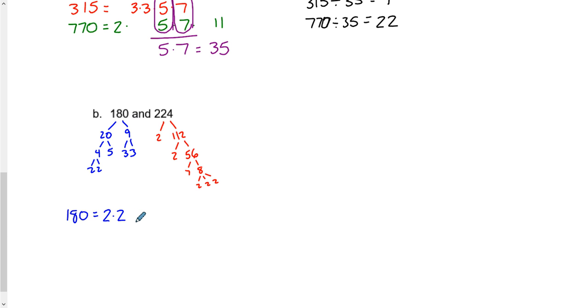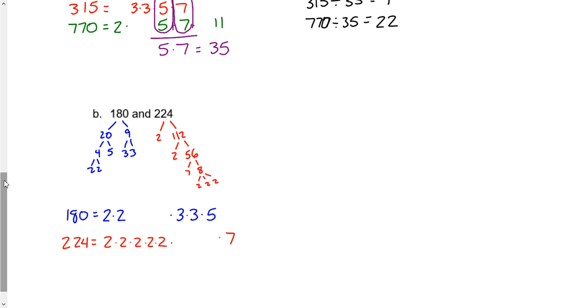So I leave enough room for 3 more 2s, and then I can write my 3, 3, and 5. My 224 is 5 2s, and a 7.